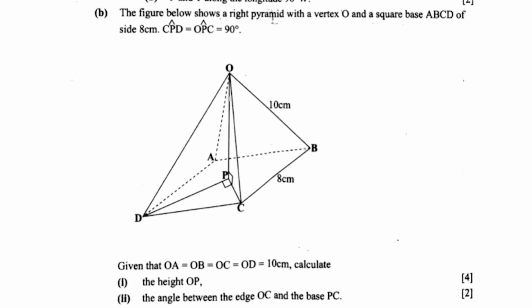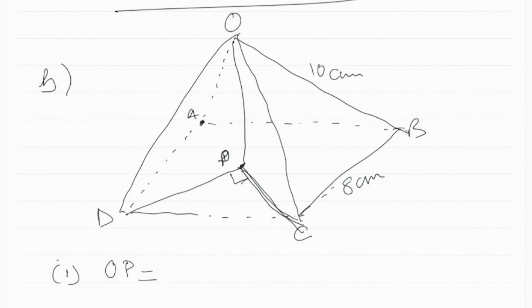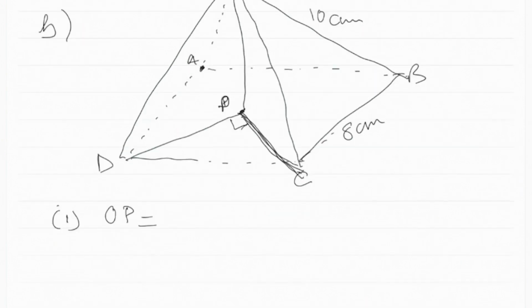And then they're asking us to find the height OP. To find OP, first we need to find PC. We need to find the distance PC before we can find OP. And this PC is half the diagonal of the square base. So we need to find PC first before we find OP.